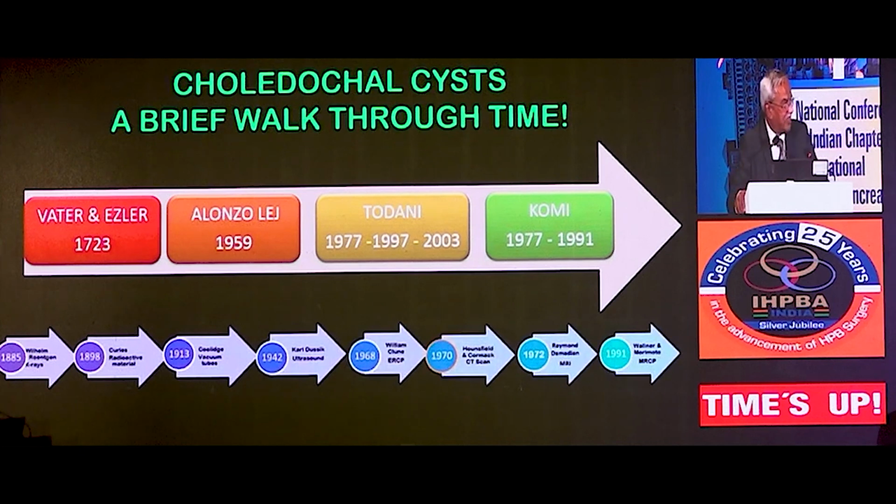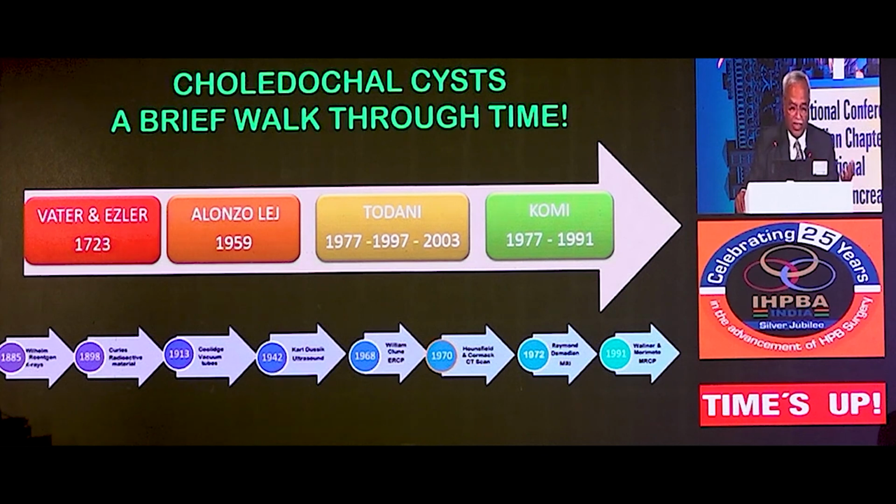1895, X-rays came in. 1898, the Curies discovered radioactive material. 1913, vacuum tubes came in, which enabled X-rays to be taken. 1942, Dussik discovered the ultrasound scan.